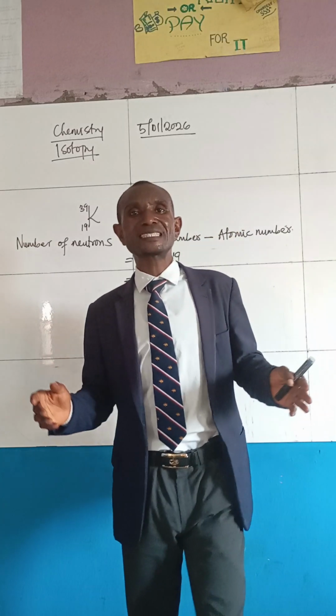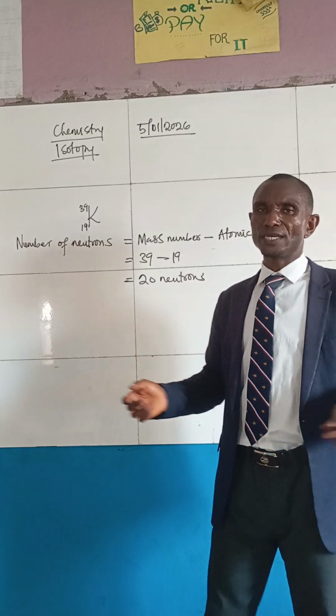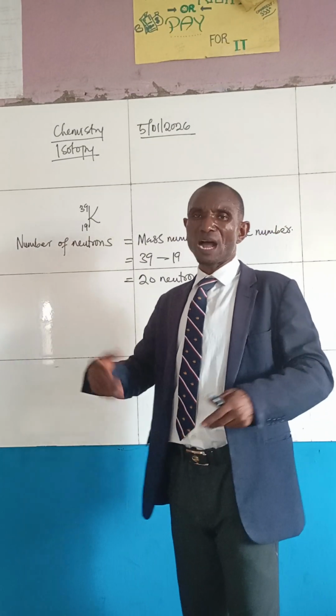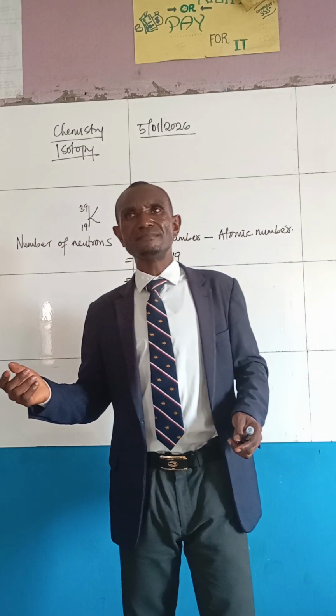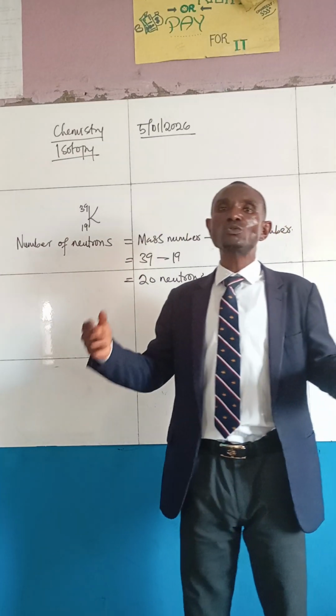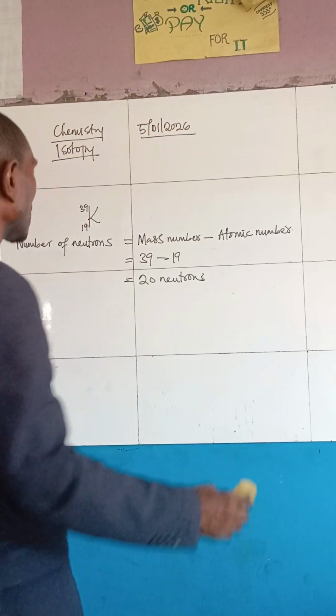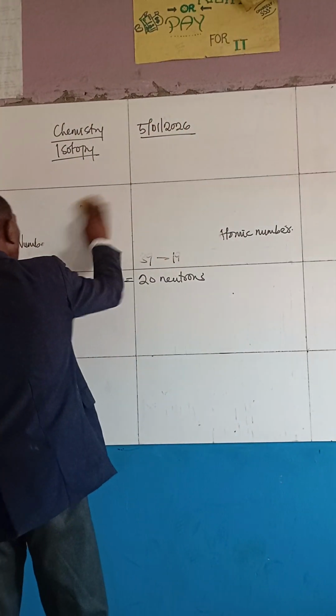Examples of elements that exhibit isotopy are chlorine, oxygen, sulfur, and many others. Now let me give you an instance of what isotopes are all about.